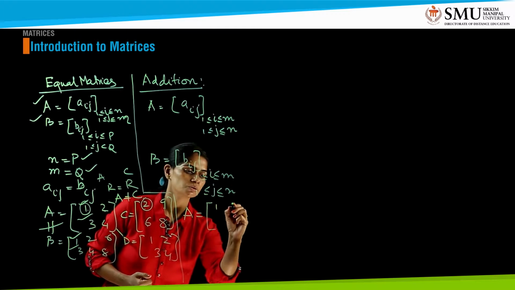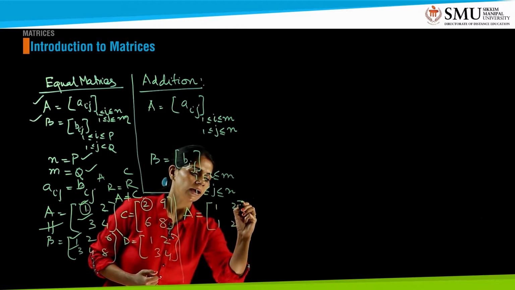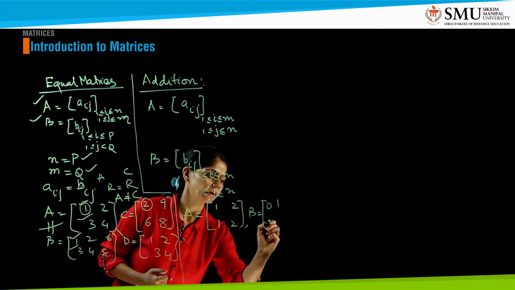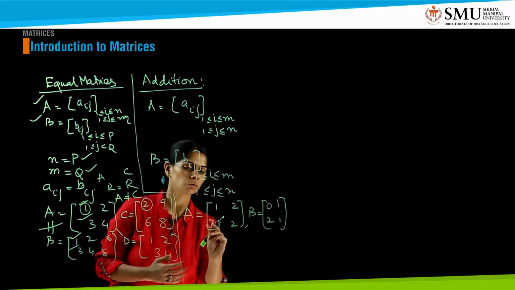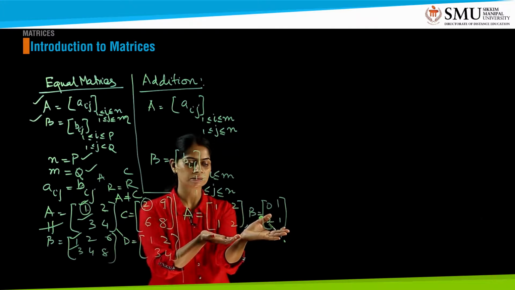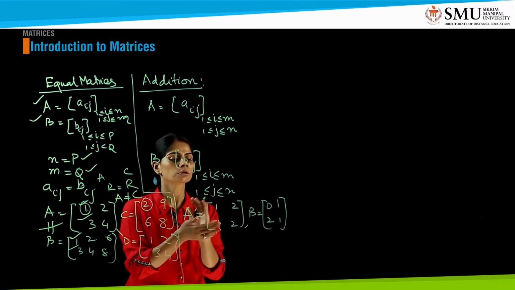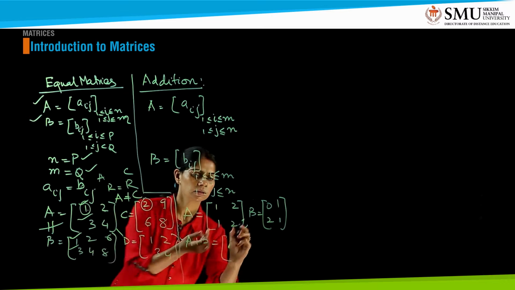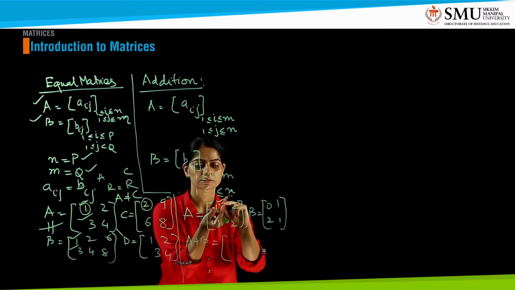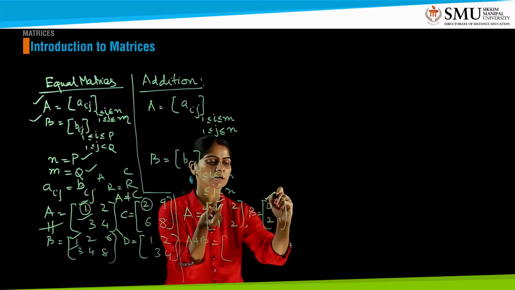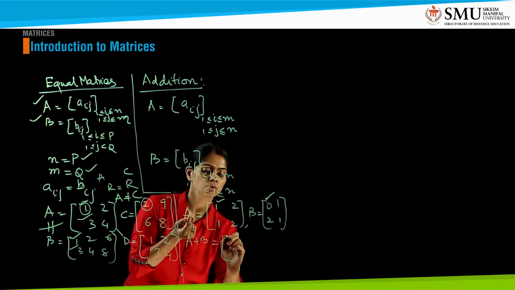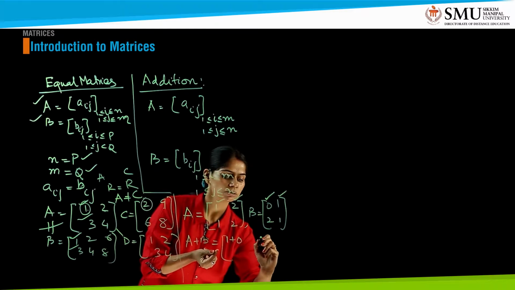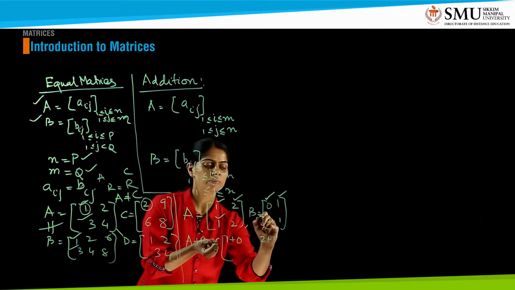Suppose A is 1 2, 1 2 and B is 0 1, 2 1. These two matrices are of the same order, 2 by 2. Now we want to add them. So what is A plus B? The first element of the first matrix is added to the first element of the second matrix, so 1 plus 0. Then 2 plus 1 is added likewise.